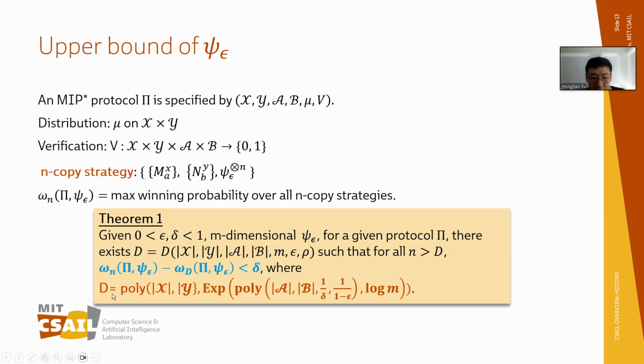And this D depends polynomially on the size of the question sets, exponentially on the size of the answer sets, and on 1 over delta, 1 over 1 minus epsilon, and log n.